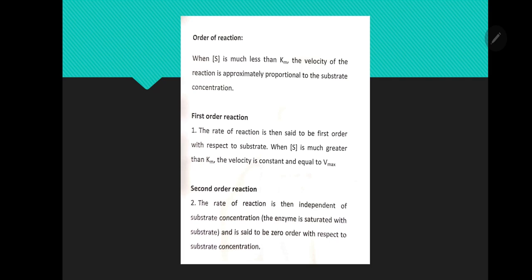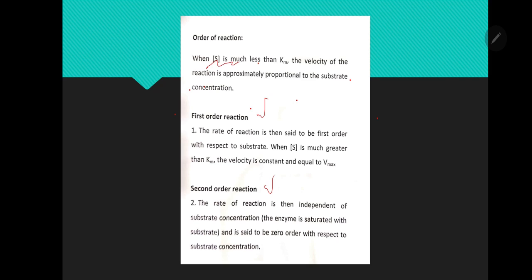When the substrate is in low amount, the velocity of the reaction will be approximately proportional to the substrate concentration. The Vmax, I told you, will be there. We can divide the order of reaction into two categories: the first order reaction and the second order reaction.